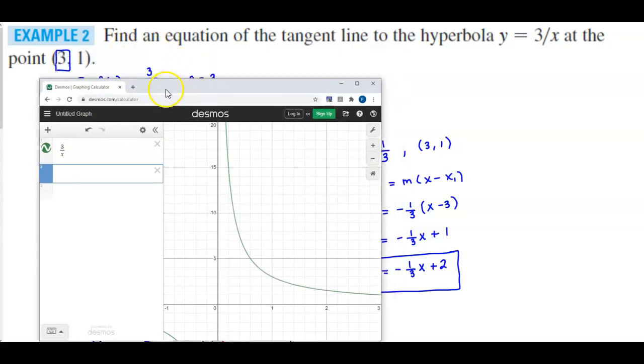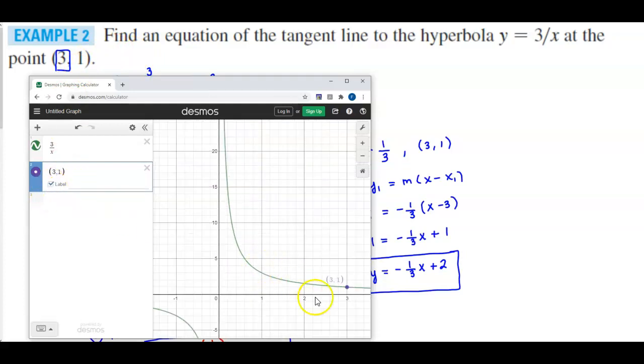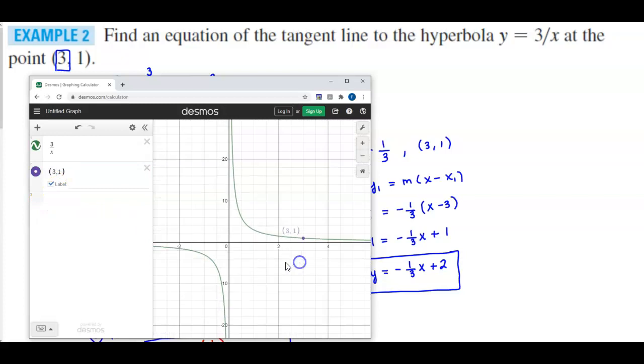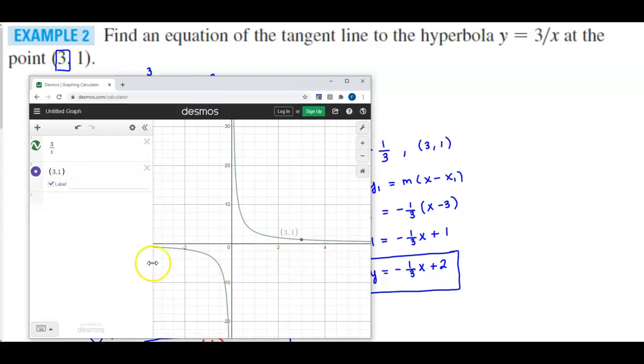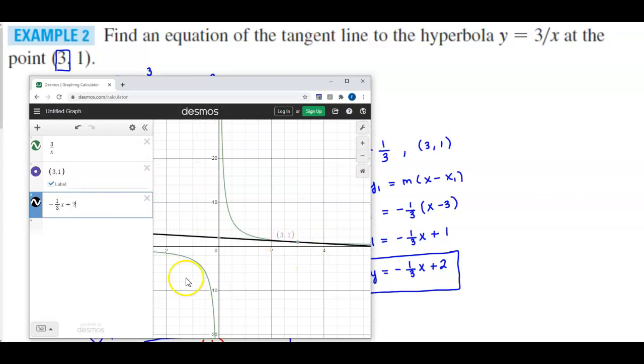We know that we want to see the point at (3, 1), so let's label that a little bit. There is our graph. And then let's put in our equation: negative 1/3 x plus 2. And we can see that it's tangent to that curve.